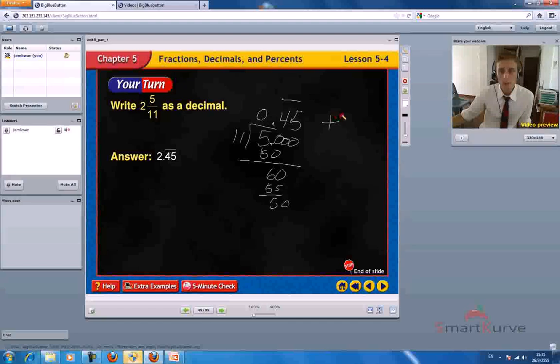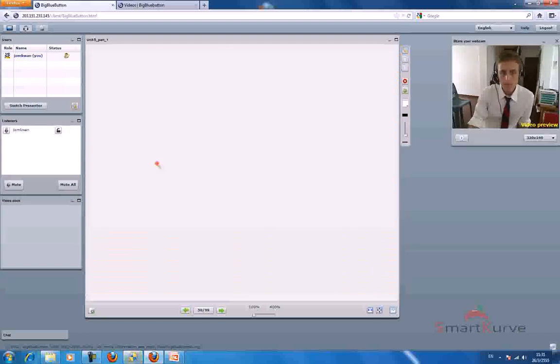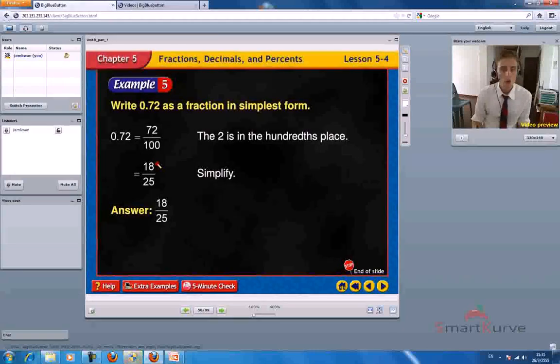Then carry a 0 down. 11 goes into 60 5 times, with a remainder of 5. We then see that it's going to be repeating. So it's 0.45, continuing. You then add the whole number, 2. So we have 2 plus 0.45, giving us the answer.